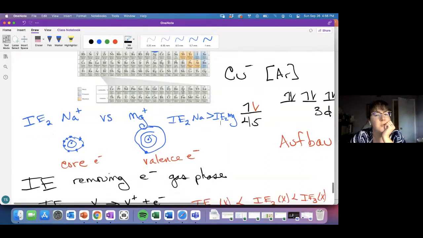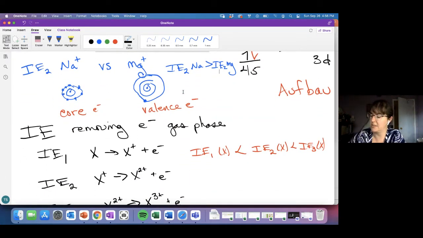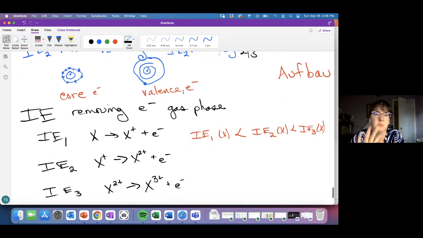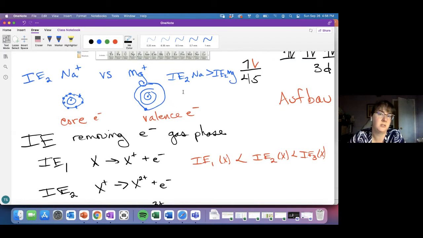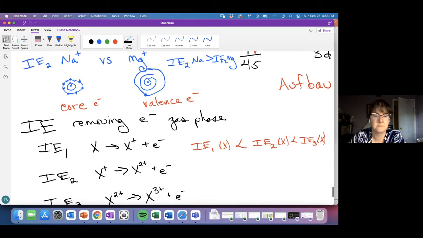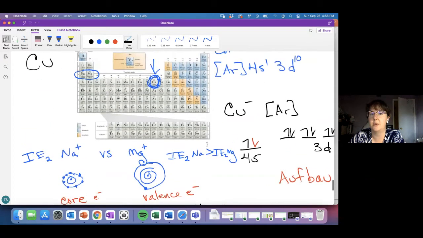So I assume that's what that question was trying to get at, because in first ionization energies you'd be looking at something different, but in second ionization energies we might be getting down to those core electrons. I think that answers that question.